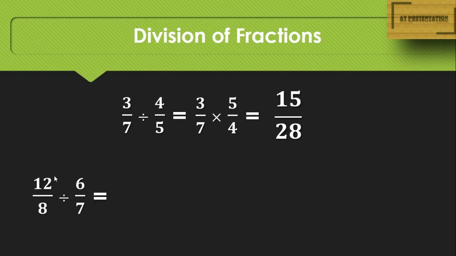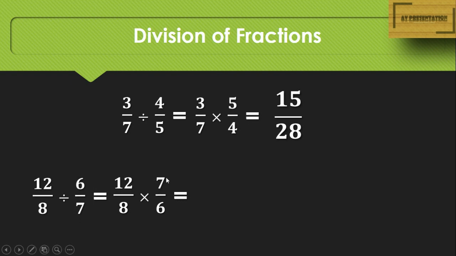Now check another example. 12 upon 8 divided by 6 upon 7. Write the first fraction as it is, convert the divide sign into multiply, and write the second fraction inverted. So 12 multiplied by 7 is 84, and 8 multiplied by 6 is 48.